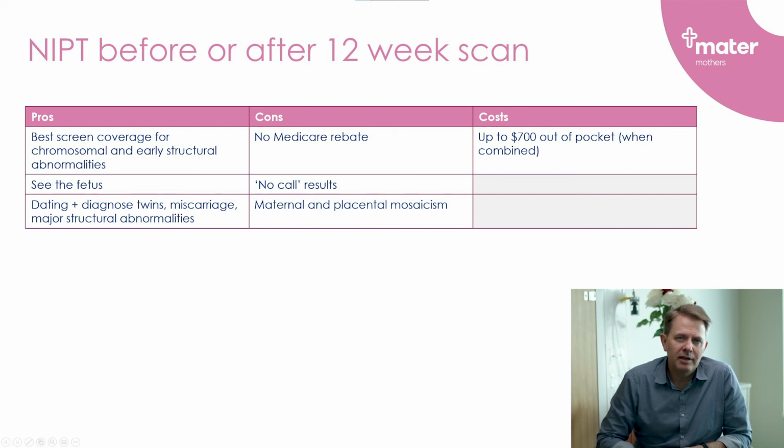If a woman has a high-risk combined first trimester screen, in the first instance we will offer them CVS or amniocentesis with microarray testing. That will give them the largest range of conditions covered for that risk. The other thing to consider is the cost. Certainly, on top of spending for a combined first trimester screen, they'll have to fork out another $400 to have NIPT.